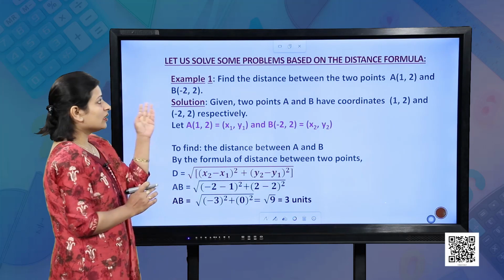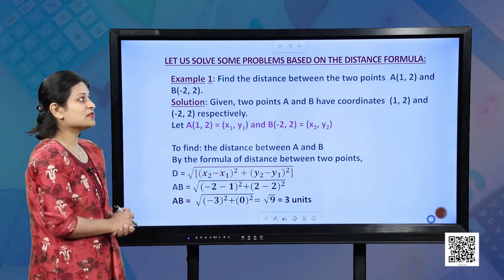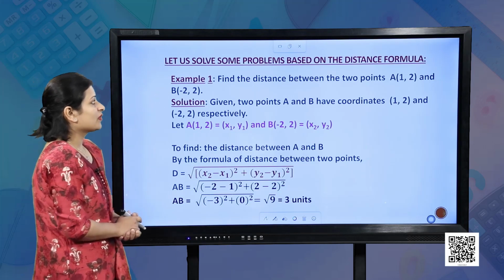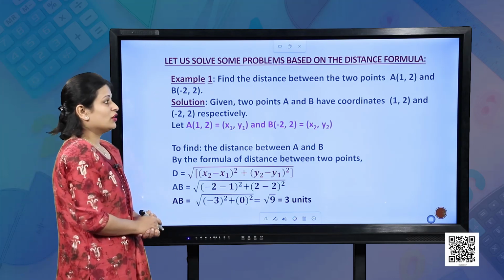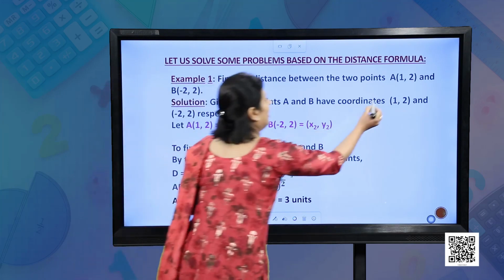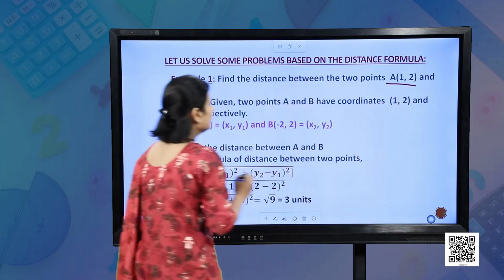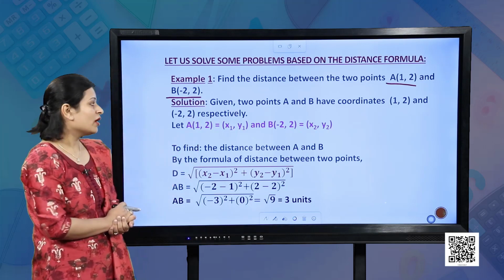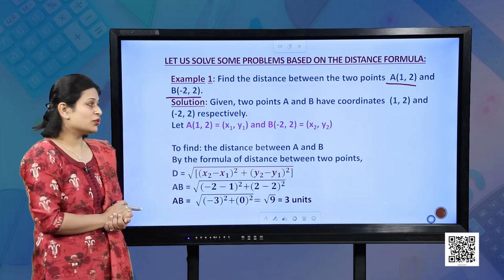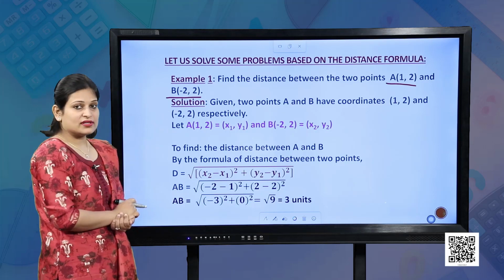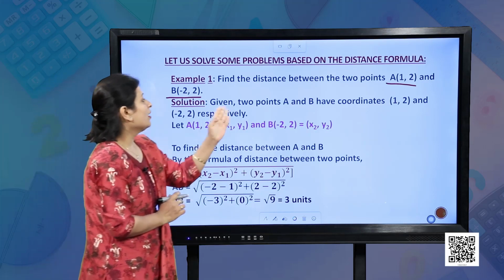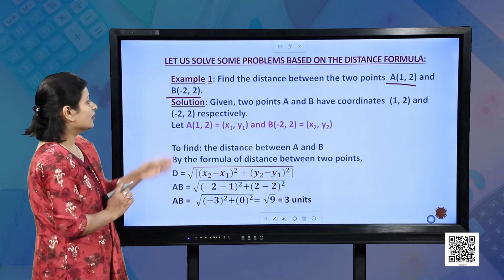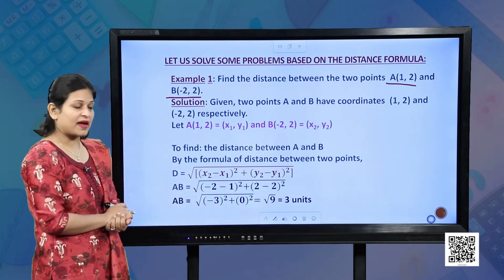Now, let us solve some problems based on the distance formula. Example 1. Find the distance between the 2 points A 1, 2 and B minus 2, 2. For this, what we need to do? We have to consider these points as 2 points A and B having coordinates 1, 2 and minus 2, 2 respectively.